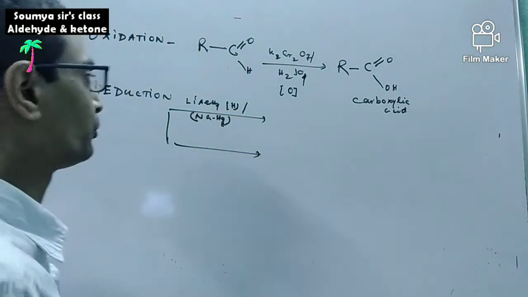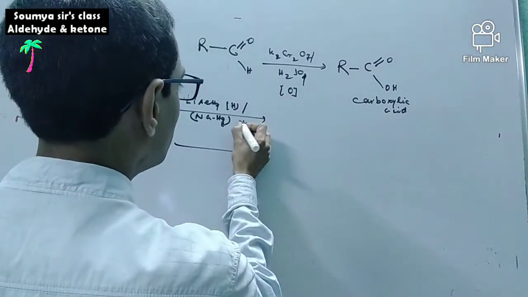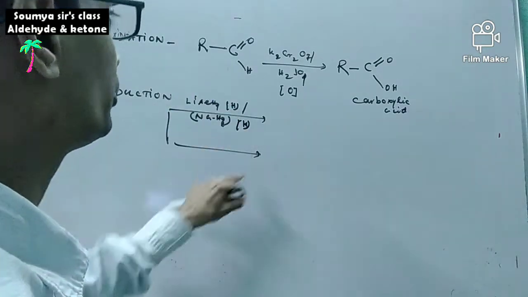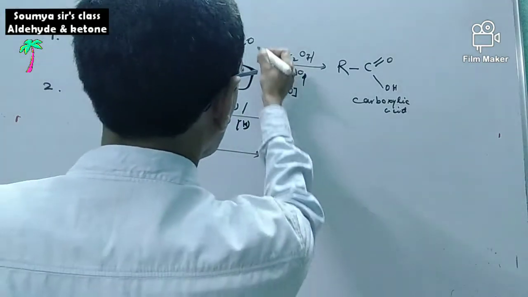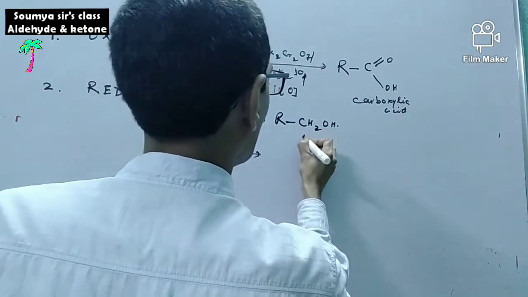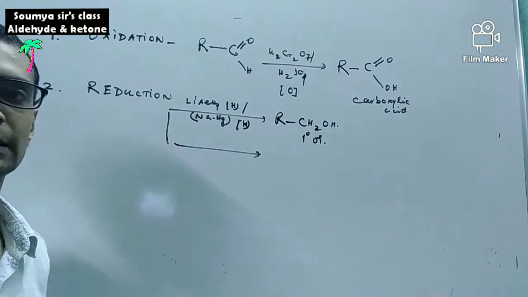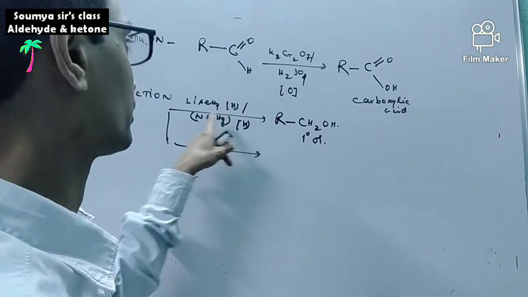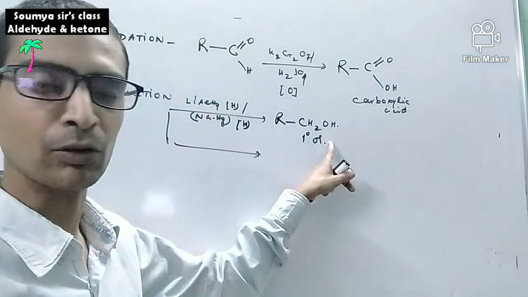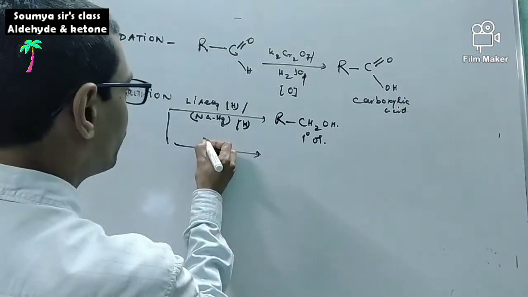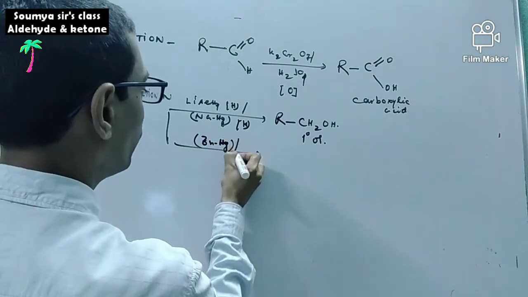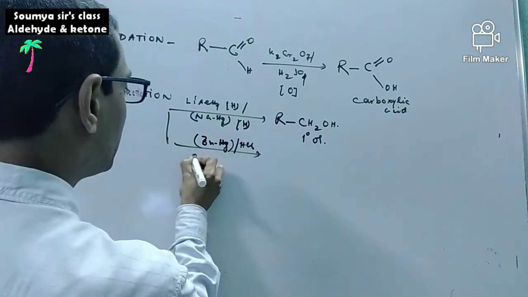As you see in this picture, the nascent hydrogen is a strong reducing agent and reduces the aldehyde group into 1 degree alcohol. So always remember that the aldehyde on reduction with a strong or mild reducing agent always gives 1 degree alcohol.